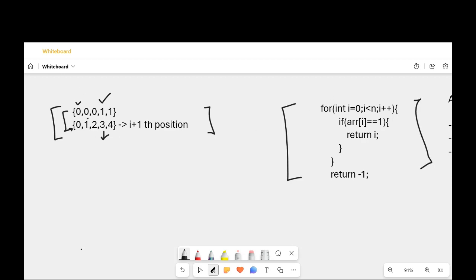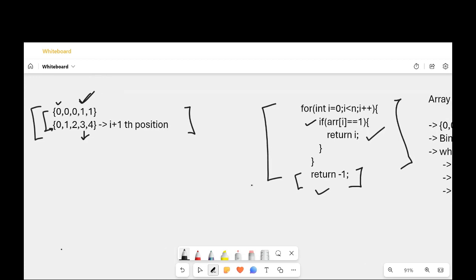We'll go one by one to every index and check if that particular element is equal to 1. The very first time I'm encountering one, I will just return its index. At the end we can check if we have never encountered any one inside my array, because there can be cases wherein we have all the zeros, right? So in that case we should return a -1. Okay, so this was the brute force approach.